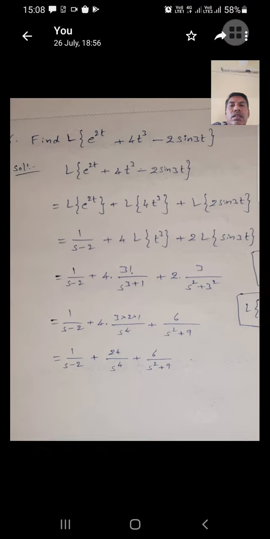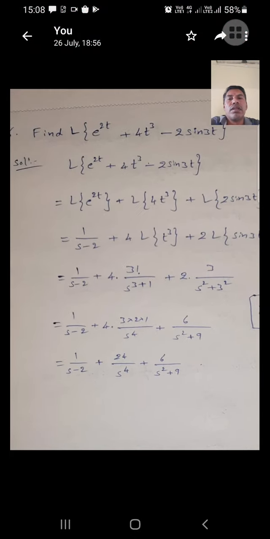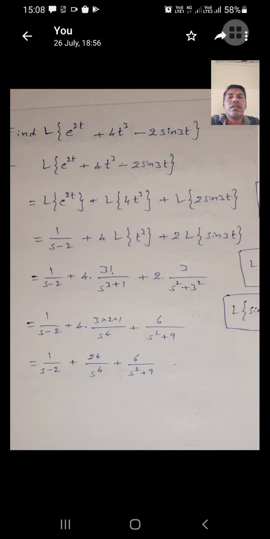Next question, find Laplace transformation of e power 2t plus 4t cube minus 2 into sine 3t. For each term we can apply Laplace transformation separately. Laplace transformation of e power 2t plus Laplace transformation of 4 into t cube plus Laplace transformation of 2 into sine 3t.